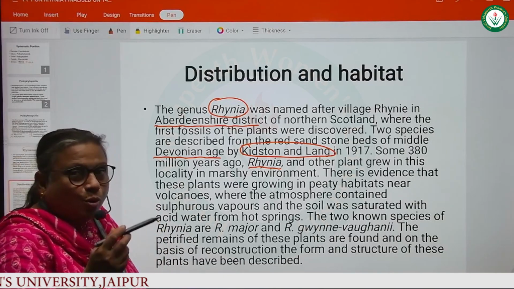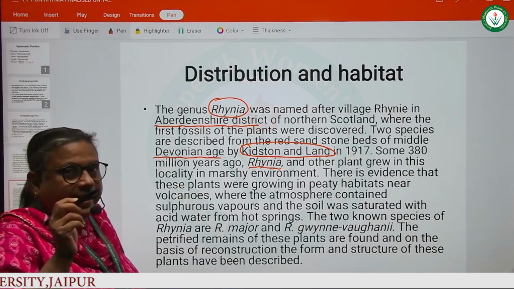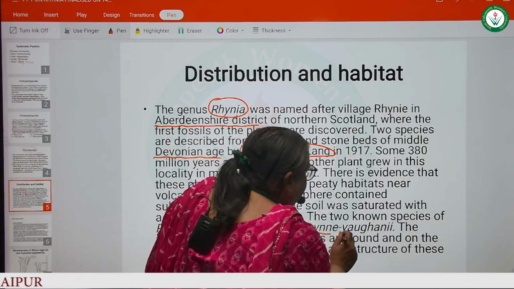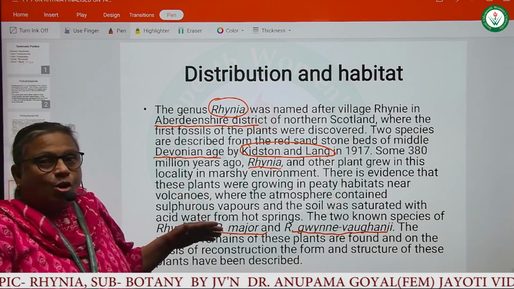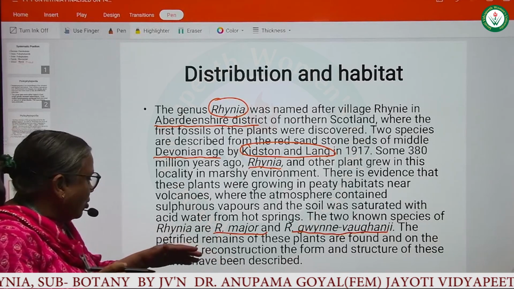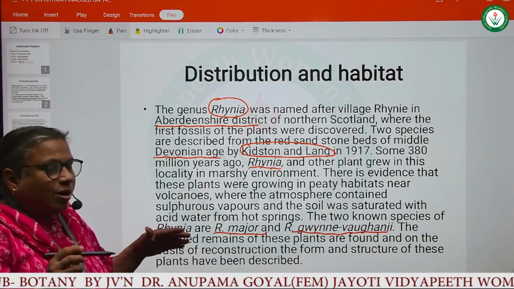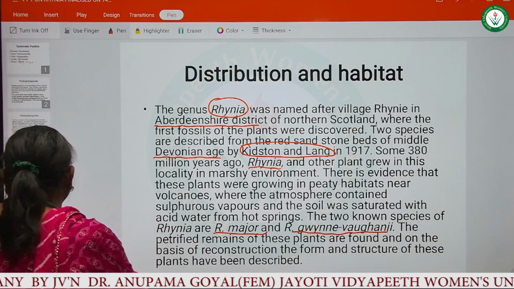The two known species of Rhynia are Rhynia major and Rhynia gwynne-vaughanii. The petrified remains of these plants are found, and on the basis of reconstruction, the form and structure of these plants have been described.